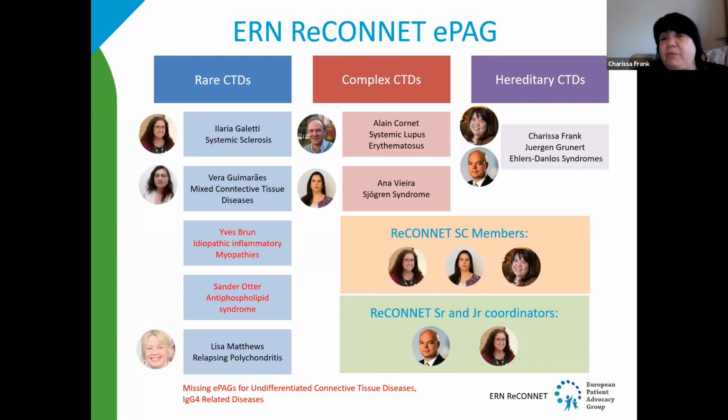And we really need 2 patient advocates. For the steering committee members, I'm the patient coordinator for EDS, and I'm also a steering committee member. Anna represents the complex connective tissue disorders, and Ilaria the rare connective tissue disorders. Jürgen and Ilaria are the senior and junior coordinators who manage the whole ePAG.